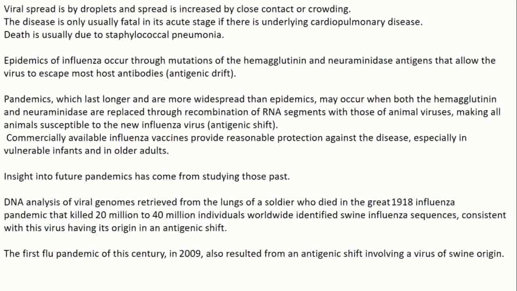Pandemics, which last longer and are more widespread than epidemics, may occur when both the hemagglutinin and neuraminidase are replaced through recombination of RNA segments with those of animal viruses, making all humans susceptible to the new influenza virus. Antigenic shift. Commercially available influenza vaccines provide reasonable protection against the disease, especially in vulnerable infants and in older adults.